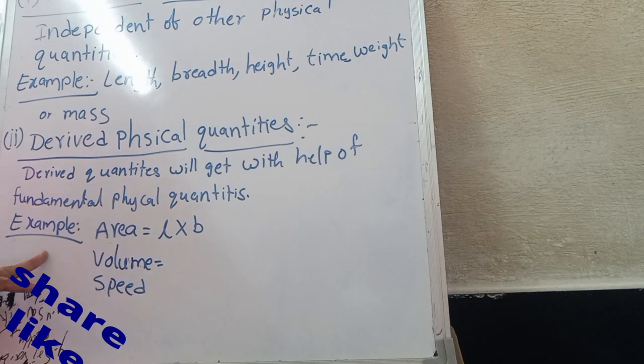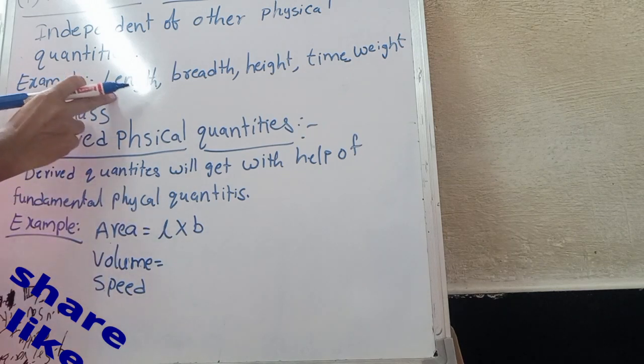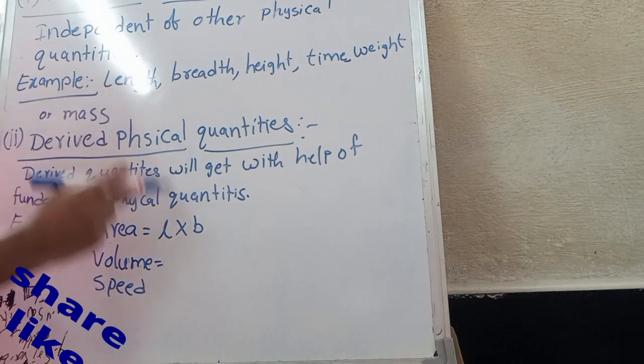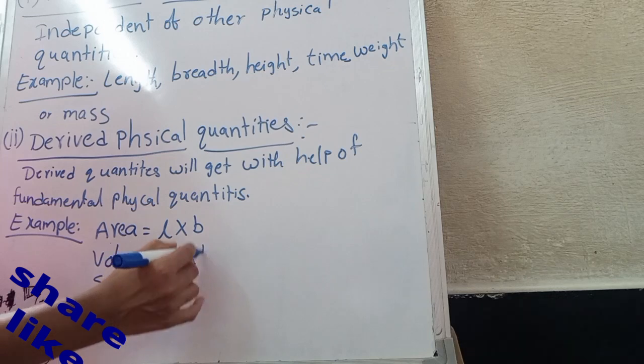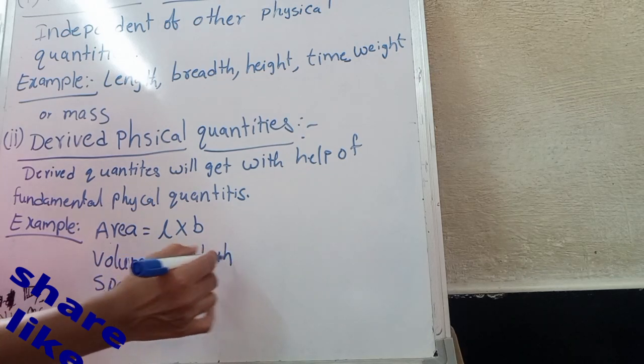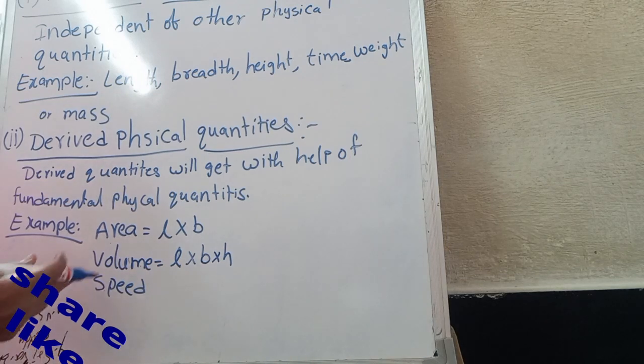Examples for derived quantities: area. To get the area, we take the help of the independent quantities, which means fundamental physical quantities, length and breadth. To find the volume, length into breadth into height. So we need three fundamental quantities to find the volume.